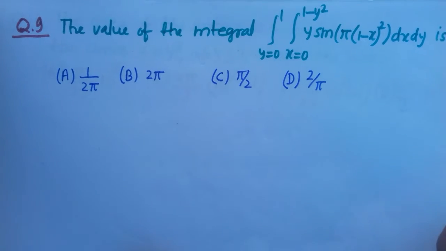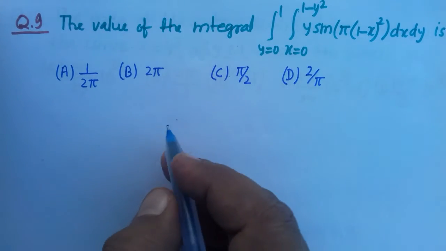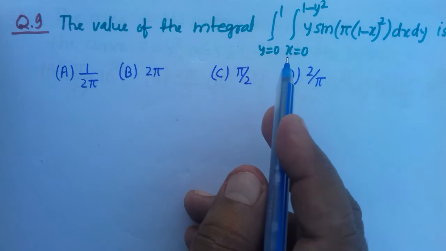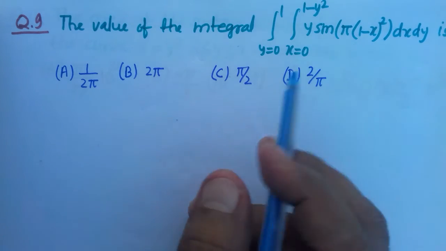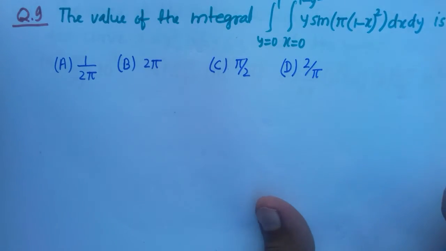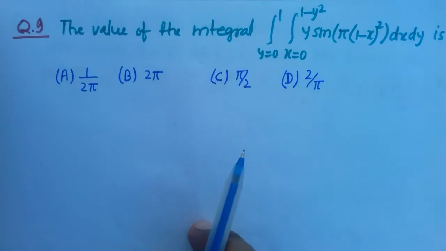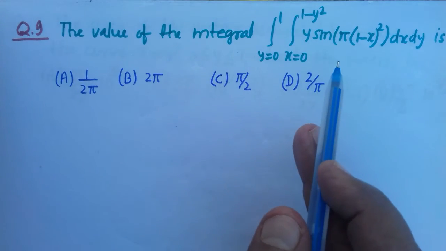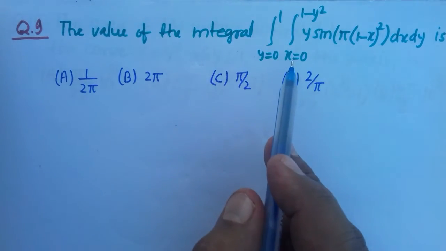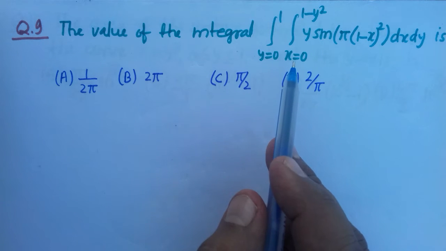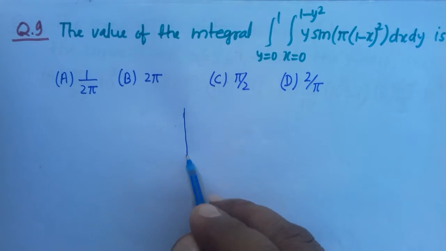Here you see the question. In the question you see this double integration is not easy, so we use the change of order of integration. You see that the limits of the first integration go from x equals 0.